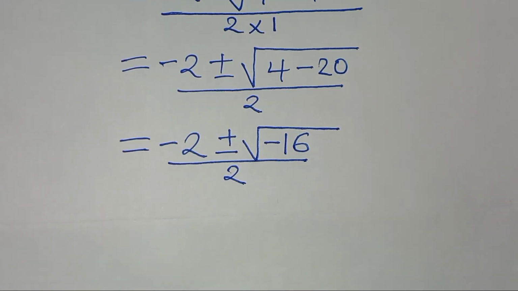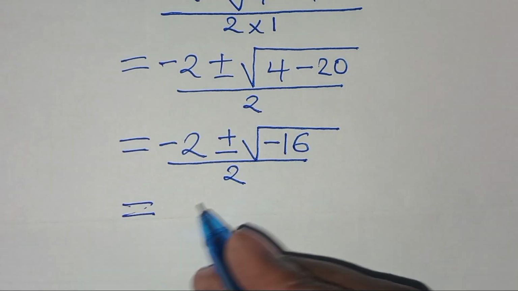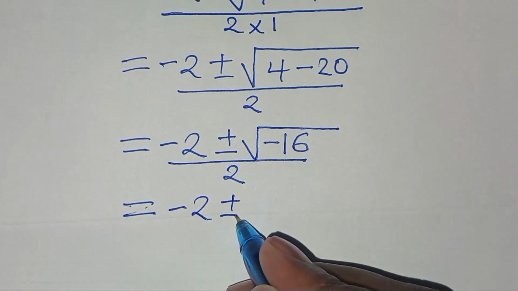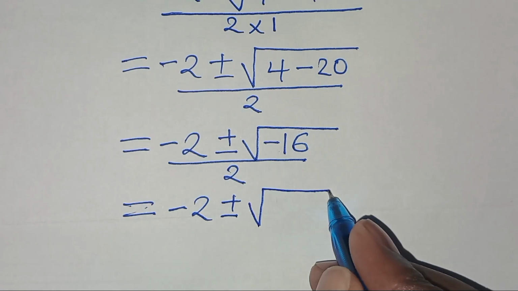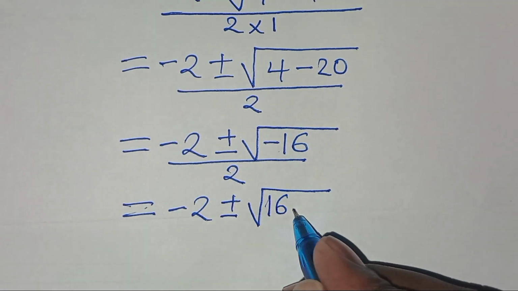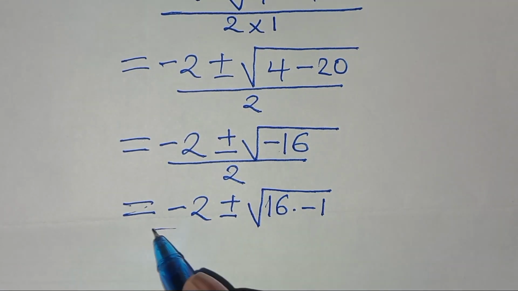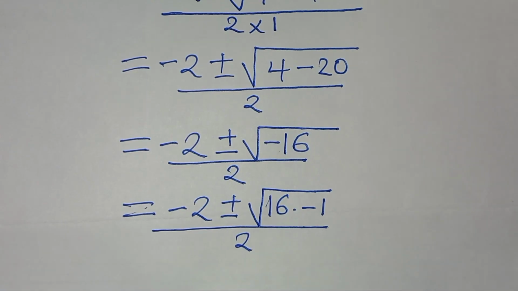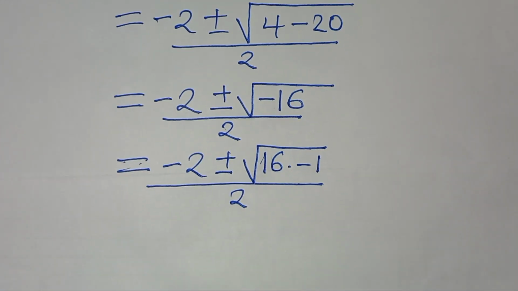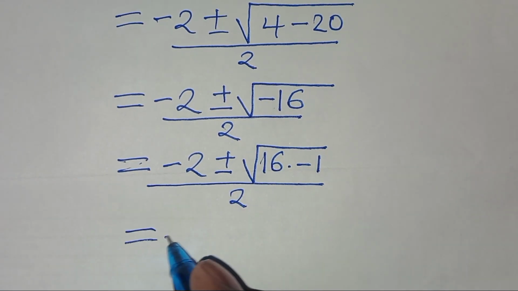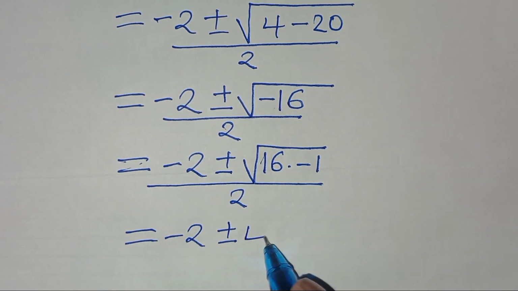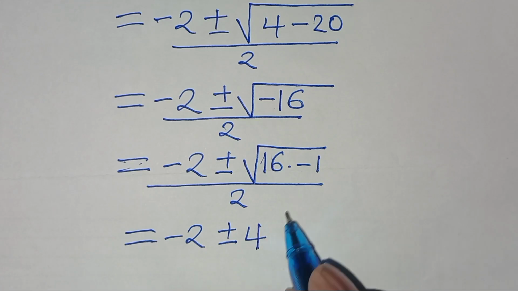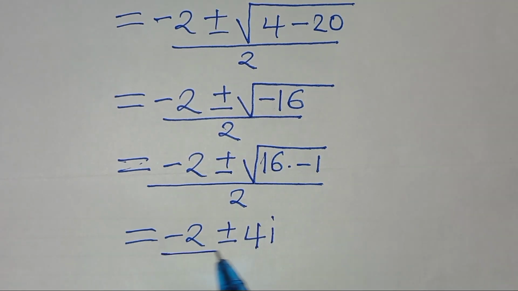We can express the square root of minus 16 as the square root of 16 times minus 1. So this is minus 2 plus or minus the square root of 16, this is 4, times the square root of minus 1, this is i, then divided by 2.